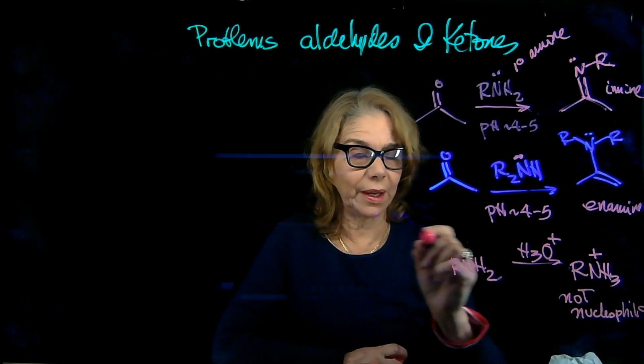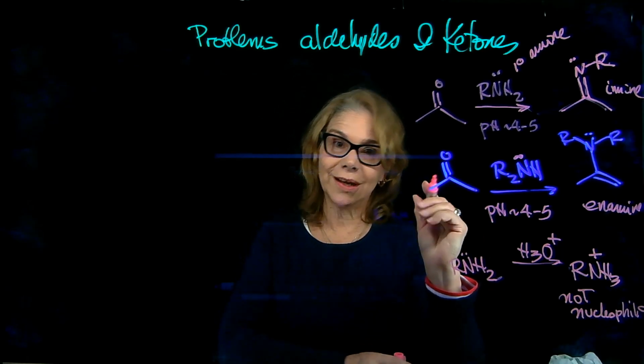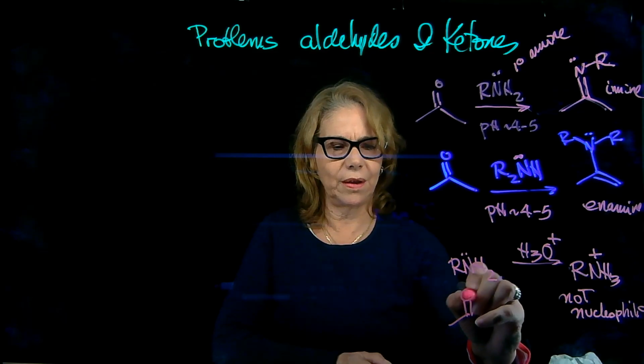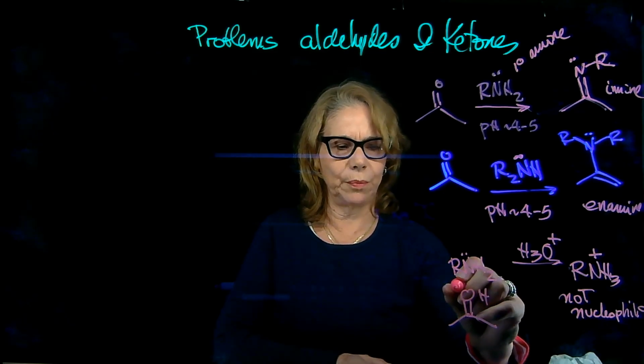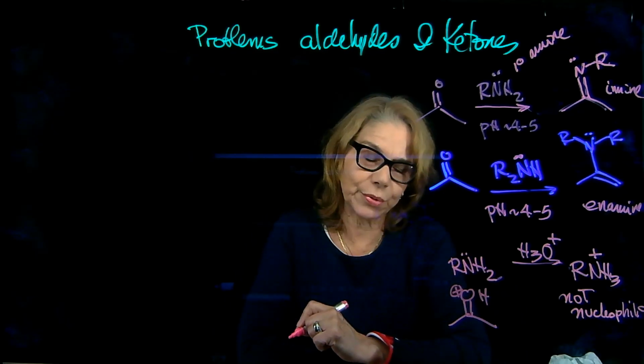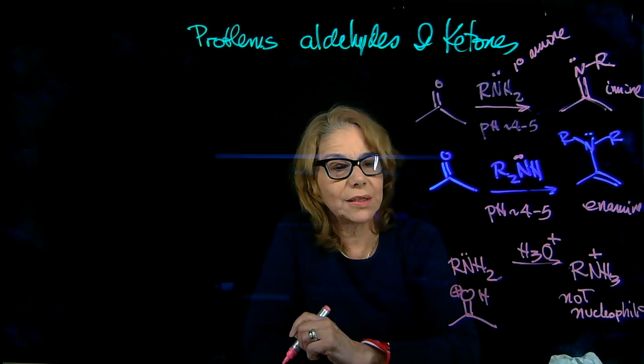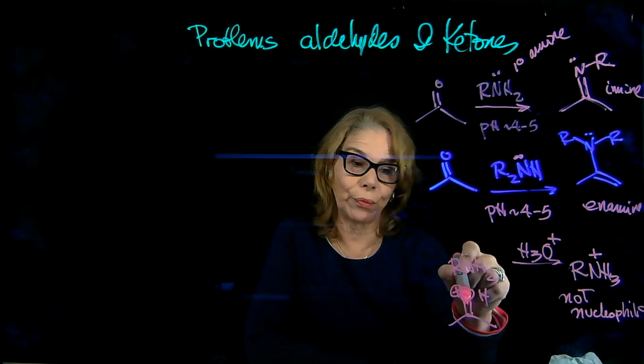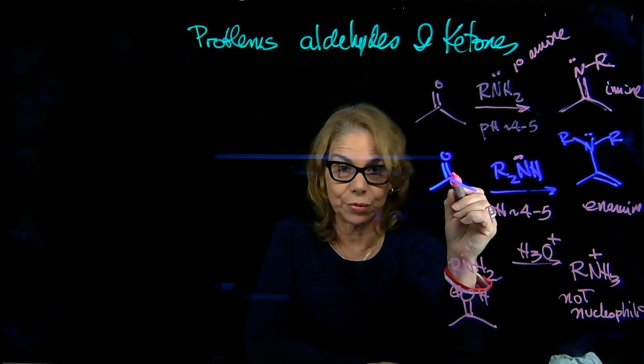On the other hand, when the pH is mildly acidic, you can still have the carbonyl compound in a small amount protonated. And a protonated carbonyl compound is more reactive than the unprotonated.